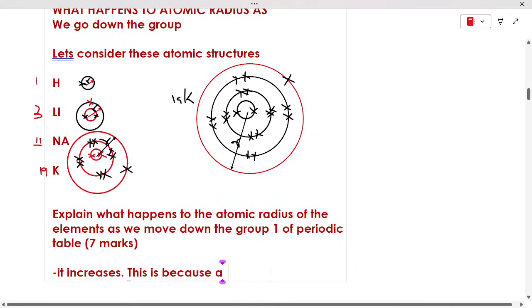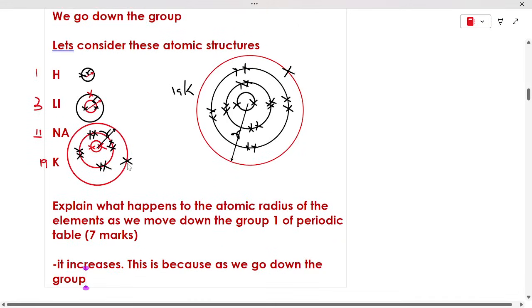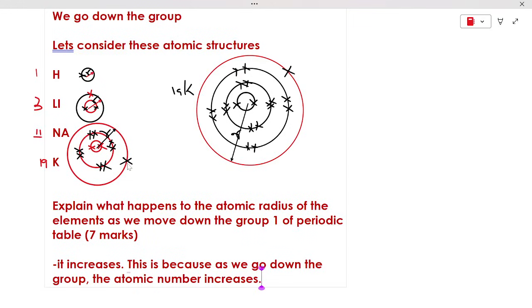This is because as we move down the group, the atomic number, or the proton number, increases. Full stop. That's a particular sentence. In the exam it gives you 2 marks. So we see that the atomic number increases.